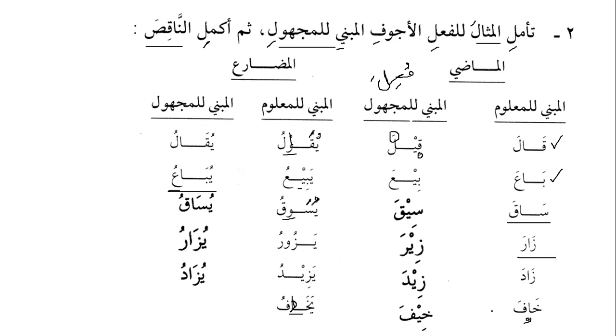The only thing you need to remember is that this is on the pattern of samia yasma'u: khawifa yakhwafu, samia yasma'u, khifa yakhafu. And what will the passive be? The passive will be the same: yukhafu. We only have to change fatha into dhamma. Excellent. So it becomes yukhafu. Khifa yukhafu. So qila yuqalu, biya yuba'u, siqa yusaqu, zira yuzaru, and we continue until khifa yukhafu.